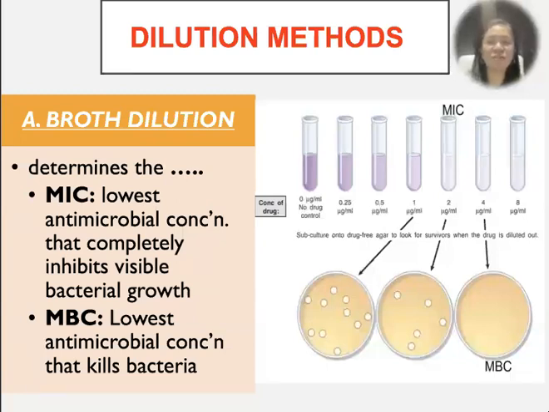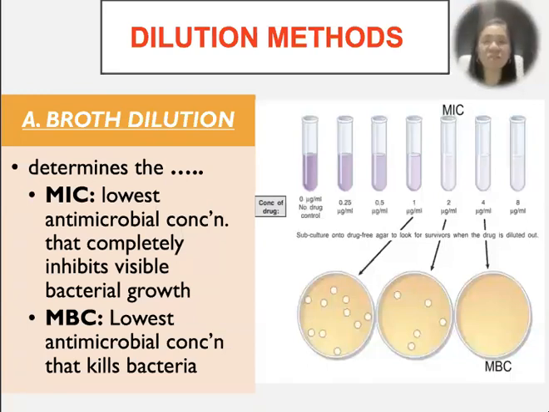Okay? So, si 4 microgram is the minimum bactericidal concentration, the lowest concentration that's observed to be able to kill bacteria. Okay? So, sa MIC, inhibition of growth lang. Visibly inhibits growth is 2 micrograms.